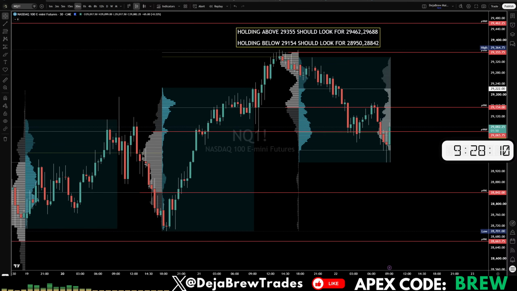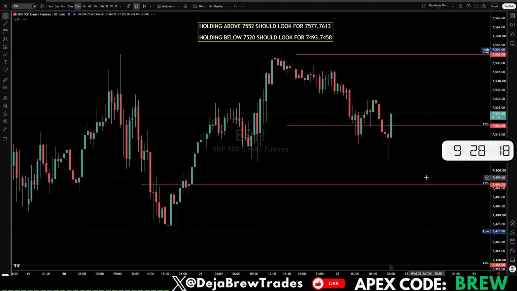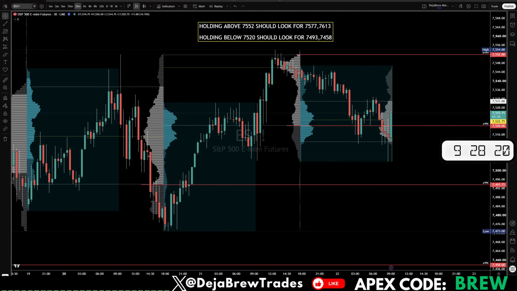Maybe even like a capital B, something like that. Probably even more so a lowercase b on ES as well. But the P shape is the one that we're talking about from yesterday. The closed profile is a P shape.